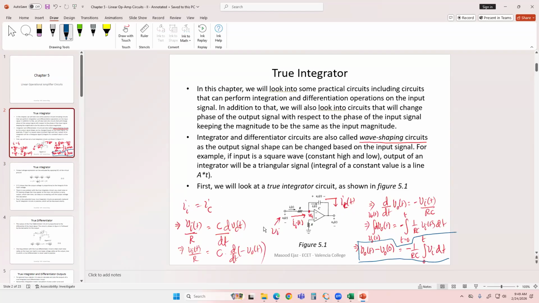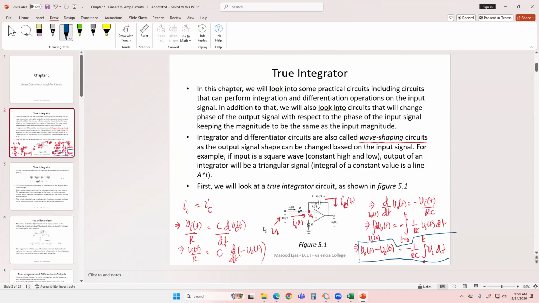If I do ask you for a derivation, I don't usually ask for the derivation of the integrator or differentiator. It's more like a problem where I give an input. As we do the examples, the input signal is given, then you have to figure out what the output signal will be. Generally, I don't ask you to do the derivation, but if I do ask you to show the relationship between the input and the output for this circuit, then this is the derivation right in front of you.